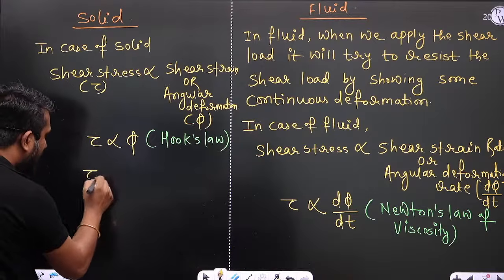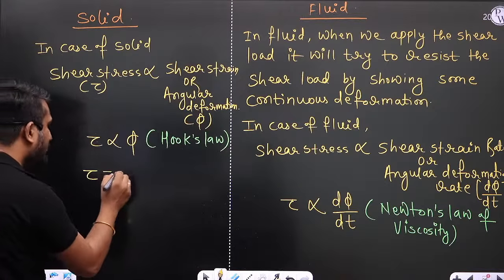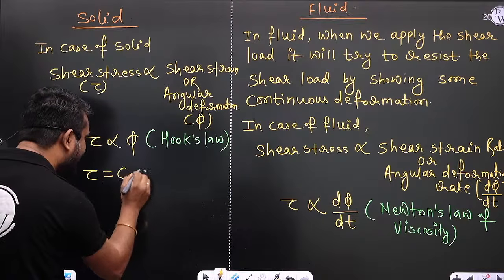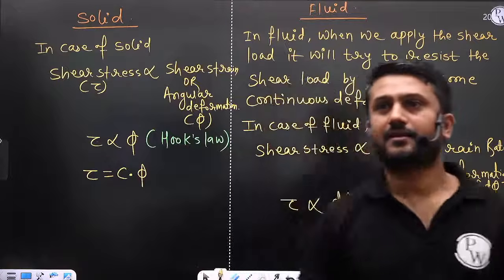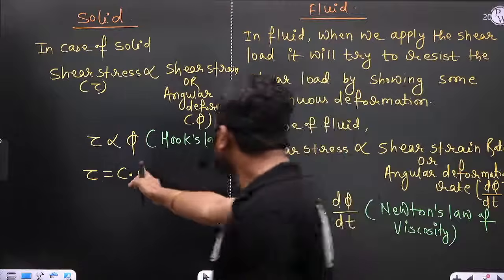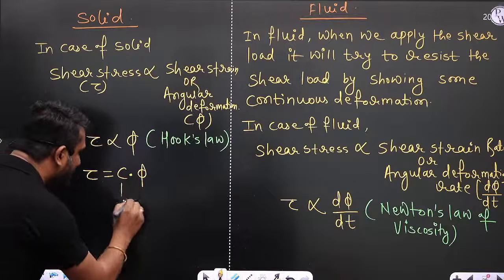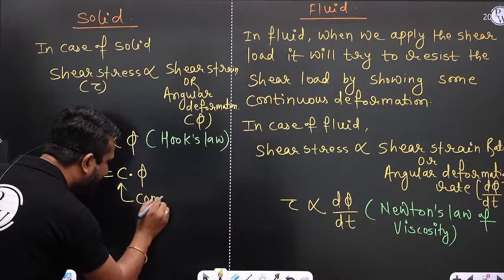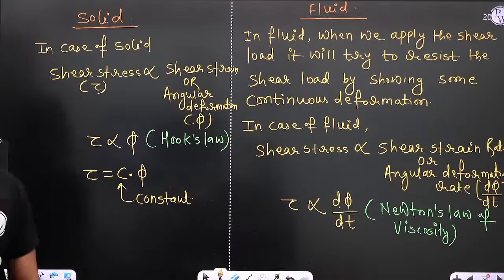If I remove the proportionality sign, then the proportionality constant comes into picture. Let us consider that it is C into phi. What is C? That C is the proportionality constant, and this proportionality constant depends on the type of the material.